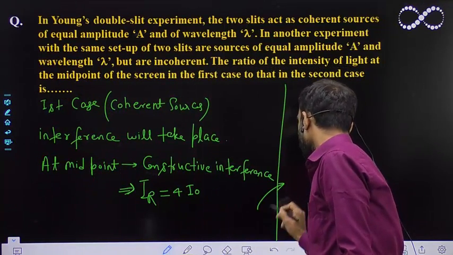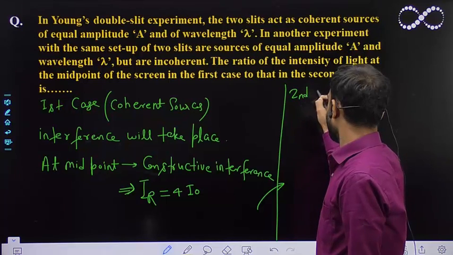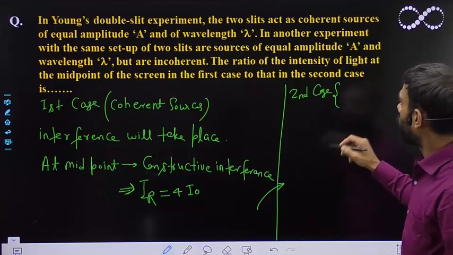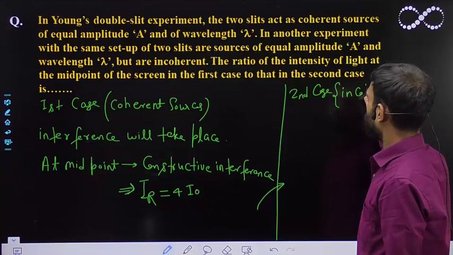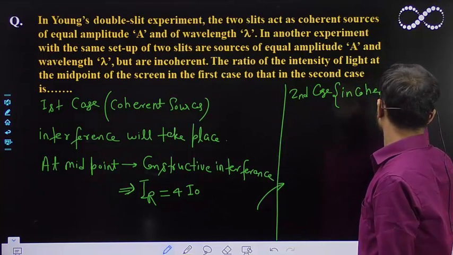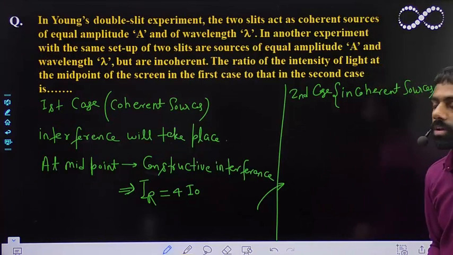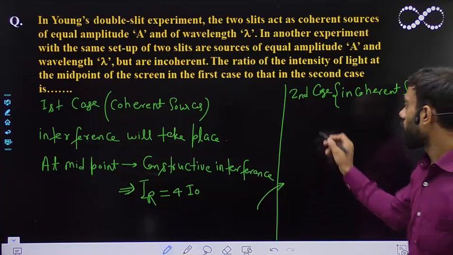Let us work on the second case now. In the second case, it is incoherent sources. Since the sources are incoherent, interference will not take place in this case.